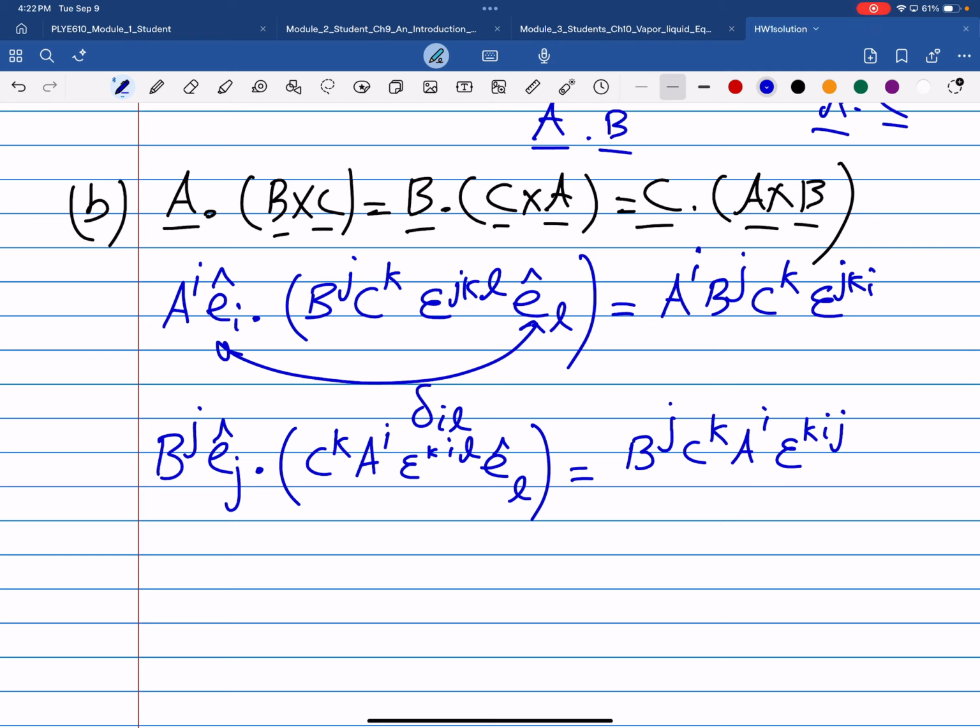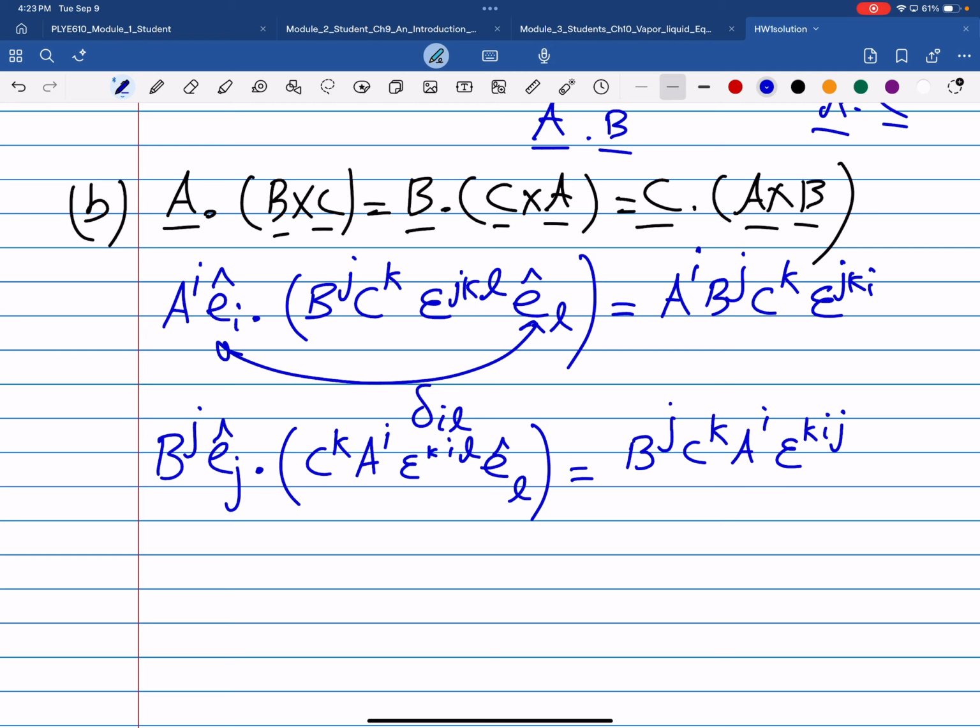Are they equivalent? Do you see why? Well, you can do the two flips to get that, right? There is no clockwise ijk. I can change them to jik or jki.